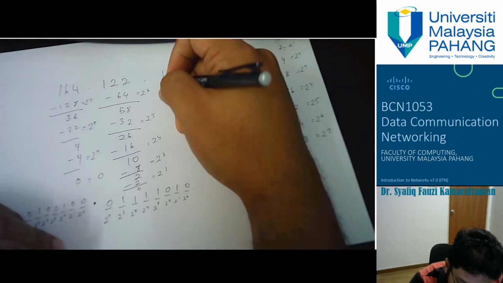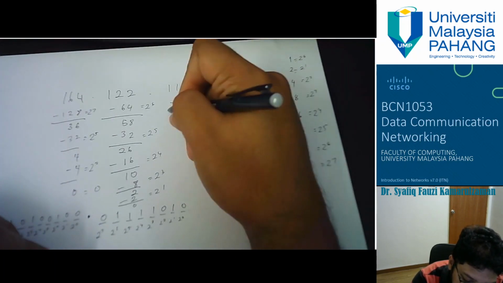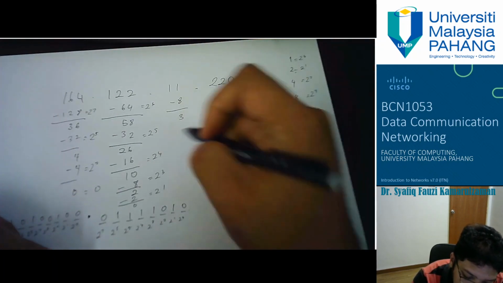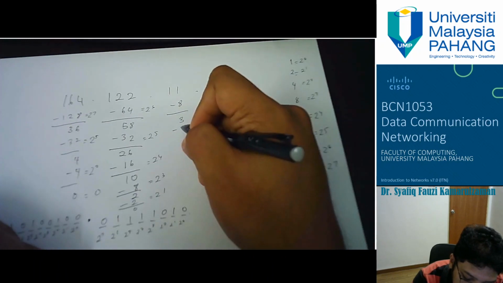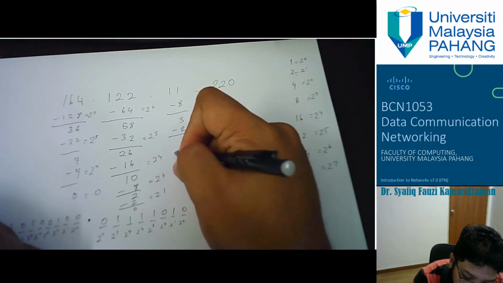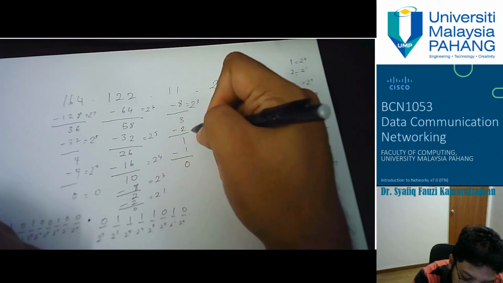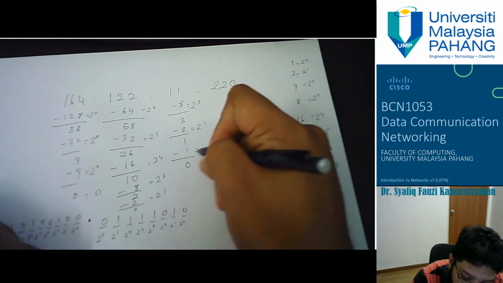Okay, the next one is 11. The closest power of 2 for 11 is 8, so you got 3. The next closest power of 2 is 2, you got 1. And then the next power is 1, you got 0. So here is 2 power of 3, 2 power of 1, 2 power of 0.